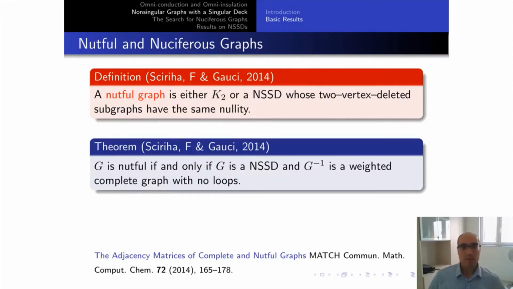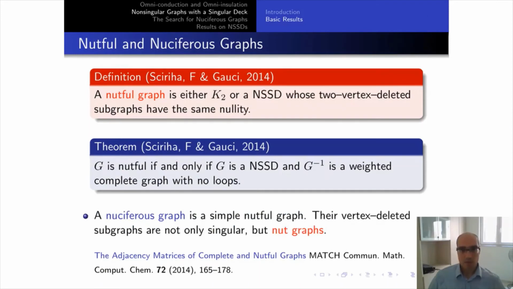In fact, this theorem is basically telling us what we've just said, that G is NUT full if and only if G is an NSSD and its inverse is a weighted complete graph with no loops. So a little terminology then, what we're looking for, which are nuciferous graphs, are simply simple NUT full graphs. So NUT full graphs whose original graph is simple.